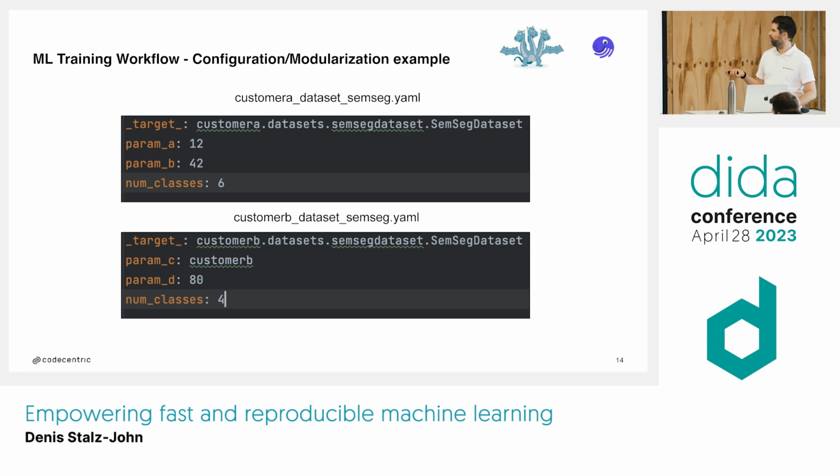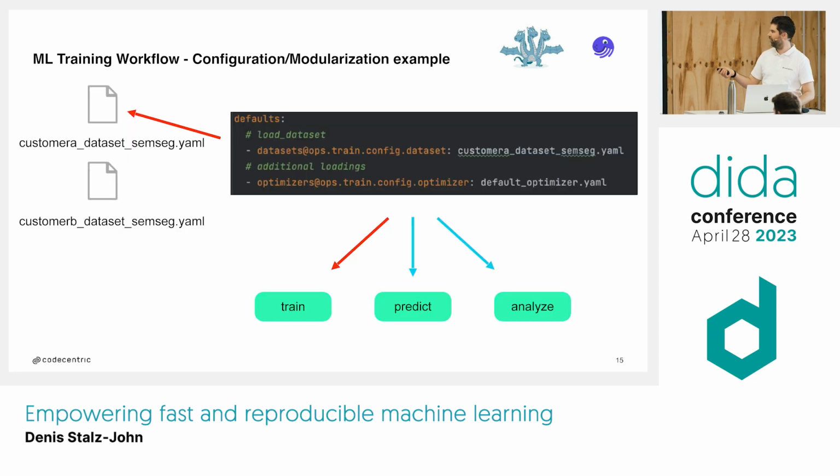And what I do next is I have a main configuration file, which is used to start the training. Hydra has a special keyword, defaults, and it's like import statements. So what I put here is a list of imports of other YAML files.